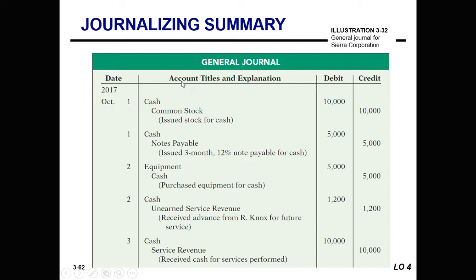So here we have just an illustrative summary of the collection of general journal entries and what they would look like. I'll pause on each of these next slides for a second so you can look at that, but you can always hit pause in the video to take a closer look yourself.